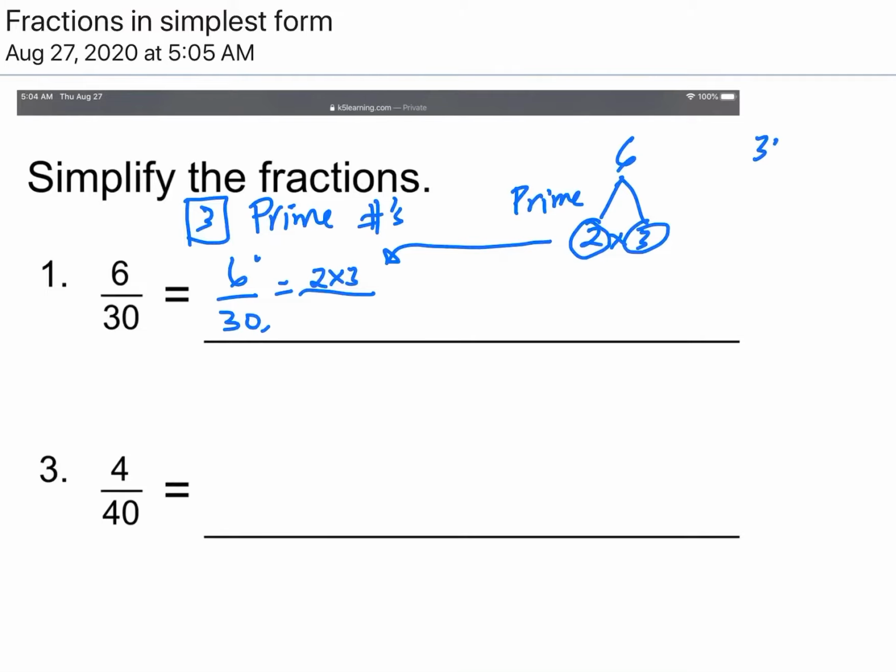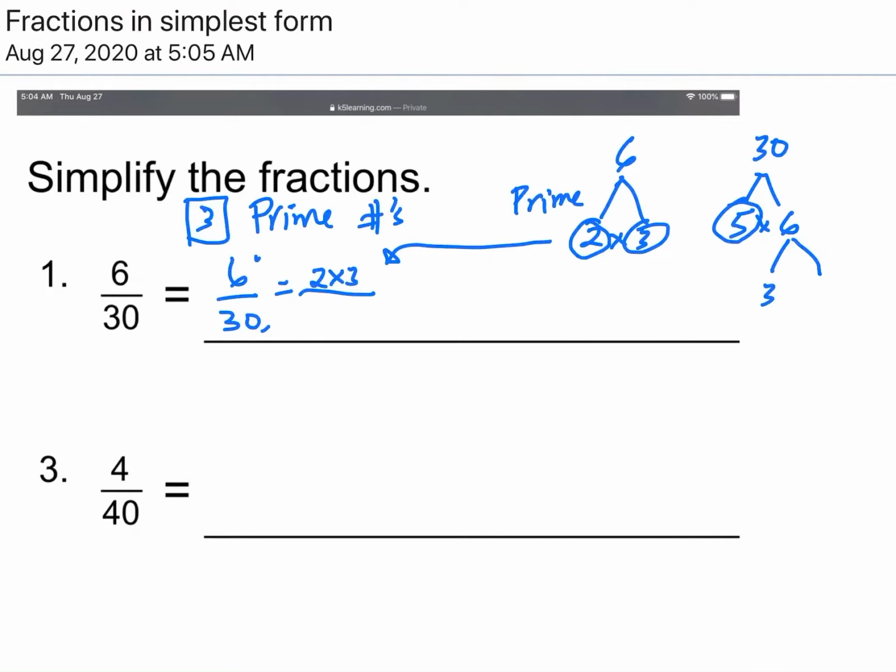30. I will do the same thing. So let me see. I could think of factors, but the first thing that I'm thinking about is 5 times 6. If you look at 5 times 6, 5 is a prime factor, although 6 is not. So I need to break down that composite number into prime numbers.